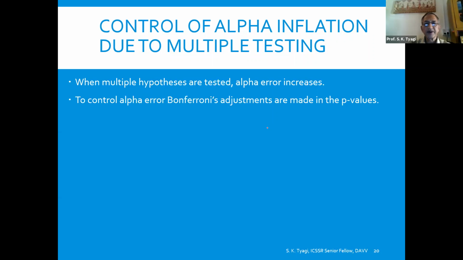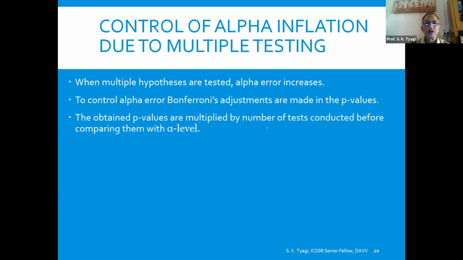To control alpha error, this is known as Bonferroni adjustment, adjustments are made in the p-values. The obtained p-values are multiplied by the number of tests conducted before comparing them with the alpha level. Do not compare p-value with alpha straight away, but first adjust these p-values. And adjustment means multiplying them by the number of tests which we are conducting, 9 in this particular case.